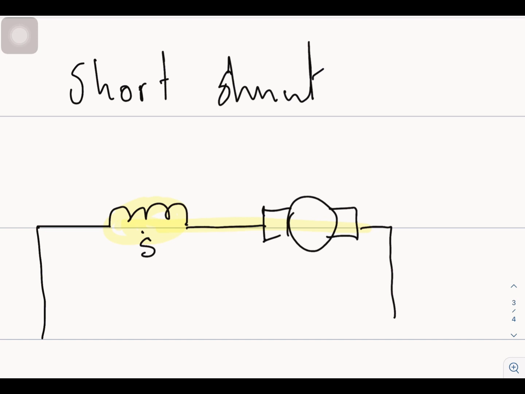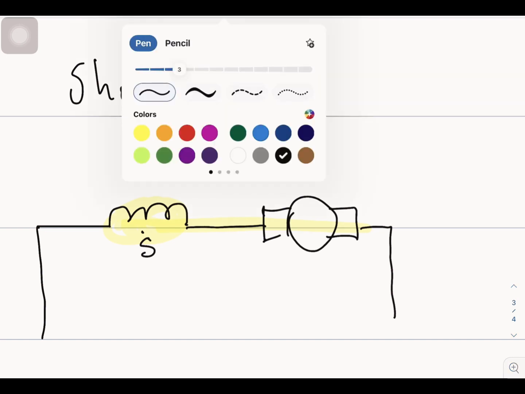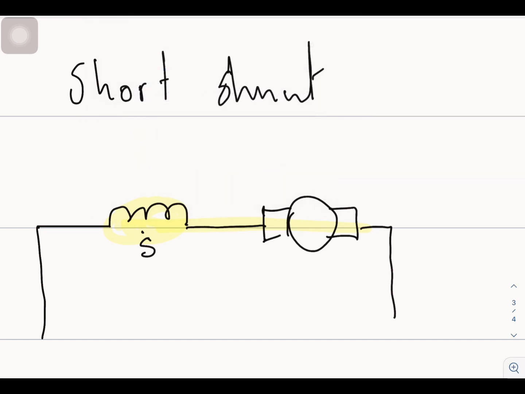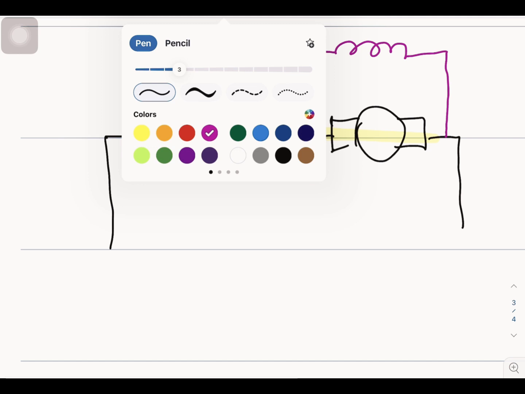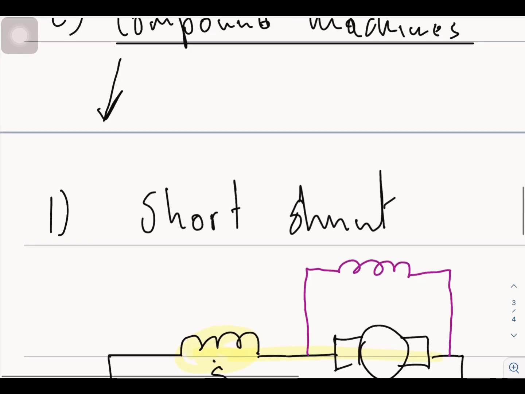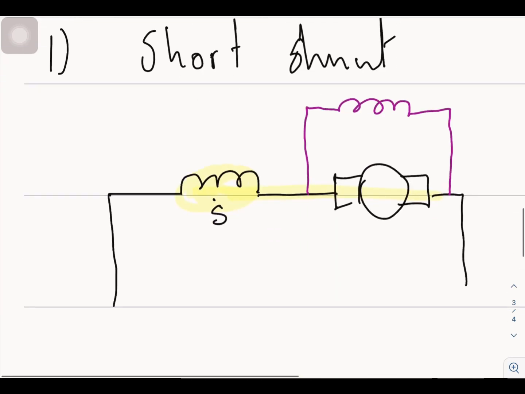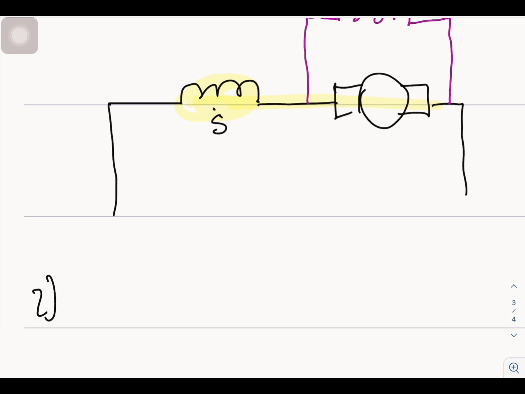A shunt field winding is only connected in parallel with the armature. Hence the name short shunt. Then we have the second type of compound machine, which is a long shunt.